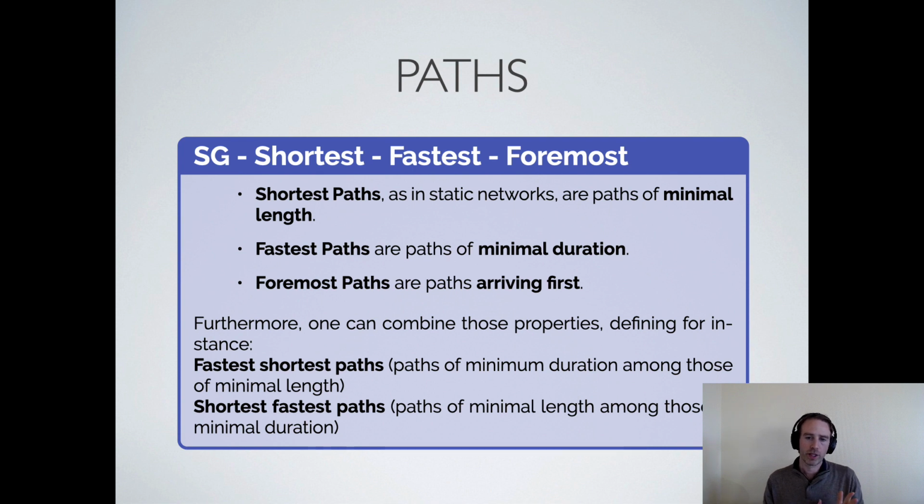These can also be combined, and actually when we are searching for paths in stream graphs, in a dynamic graph, we tend to search for the fastest shortest path, the path of minimum duration among those of minimal length, or you might search for the shortest fastest path, which is the path of minimal length among those of minimal duration.